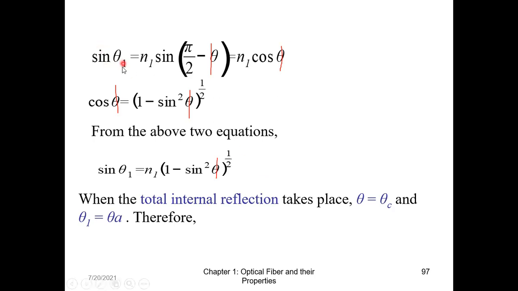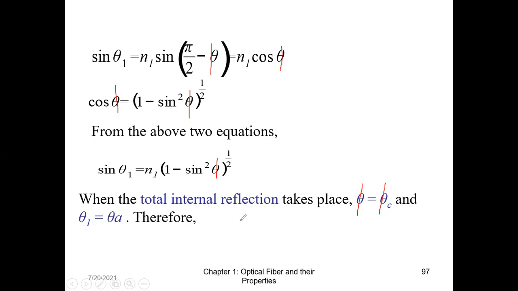Now see, initially they have not taken theta 1 as theta A. So what they are telling is, when total internal reflection takes place, at that time your phi we are calling phi c. Phi is equal to phi c. So when total internal reflection takes place, your phi is equal to phi c, and your theta 1 is equal to the acceptance angle.